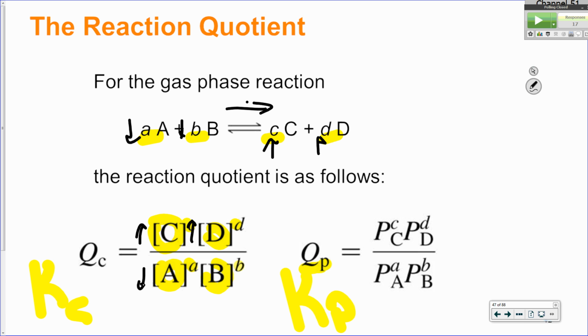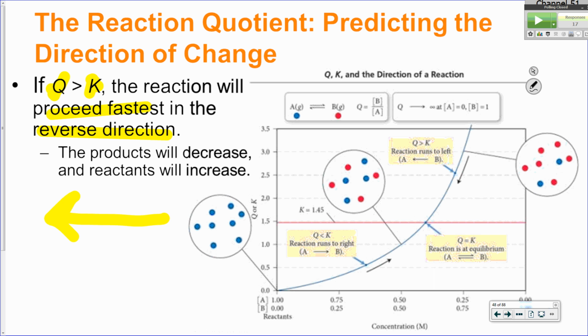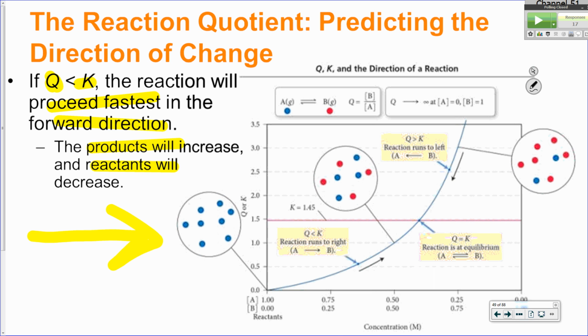The ones on the top are going up, the ones on the bottom are going down. That's going to cause the value of Q sub C to increase to the point where Q sub C equals K. And at that point, the system's at equilibrium. So what it's doing is making this ratio mathematically what it needs to be by making more products and consuming reactants in the system. The value of Q just simply tells us whether it's going to go forward or in the reverse direction.